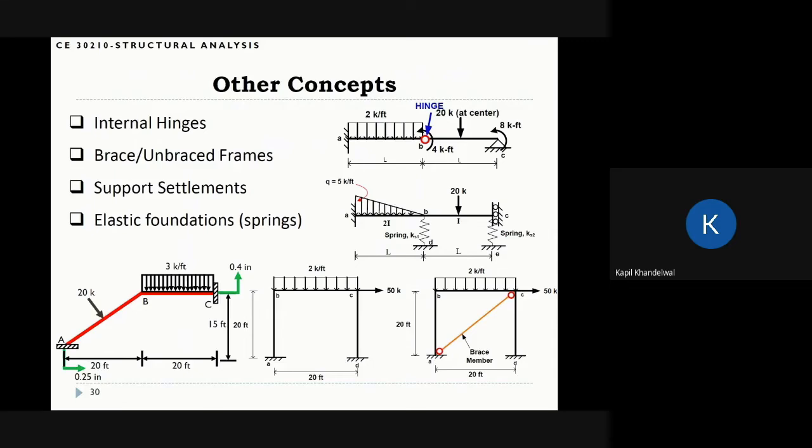And sometimes the use of springs is to actually consider elastic foundations. Elastic foundation means that you are trying to model the stiffness of the soil system itself.